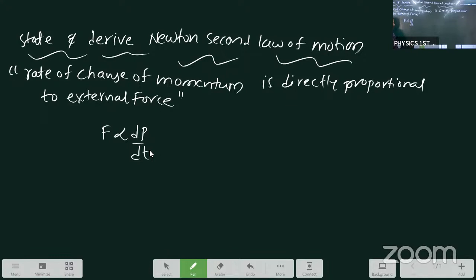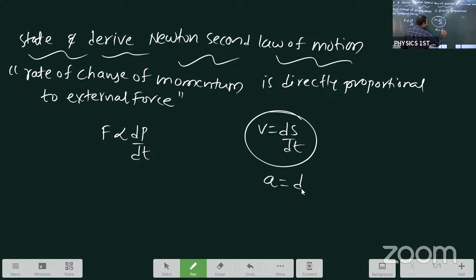This d by dt indicates rate of change. I already said in the law of conservation of momentum. So what is the meaning of rate of change? In physics, it means with respect to time. Take any quantity, for example velocity. Velocity equals ds by dt, rate of change of displacement.